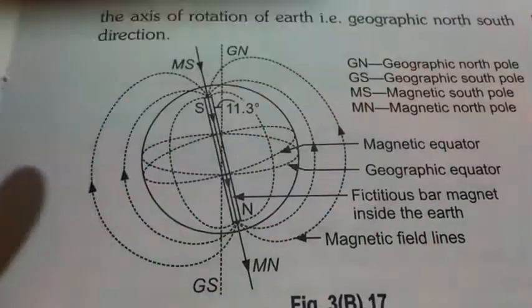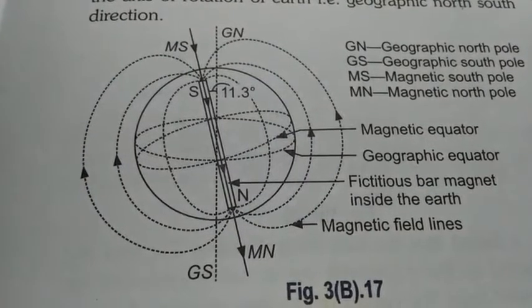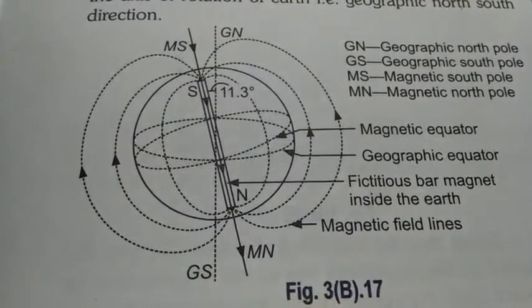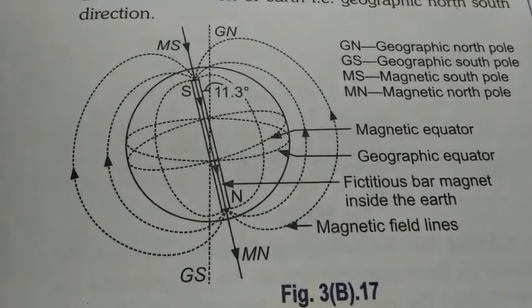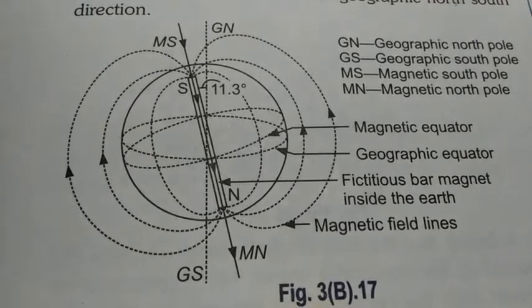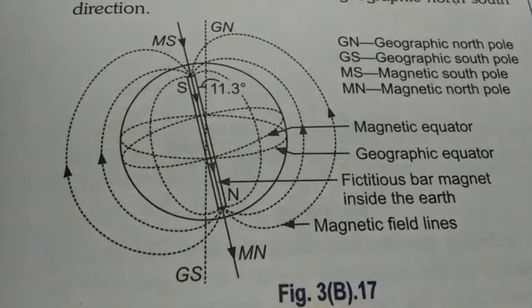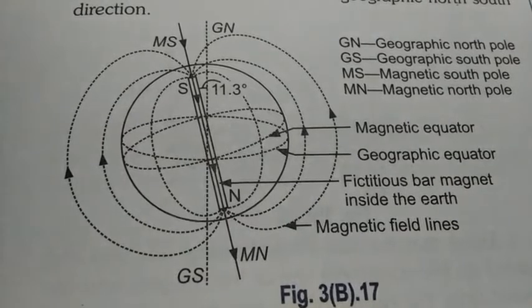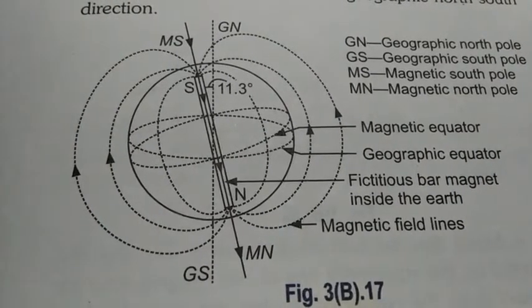Now one more important thing. Many studies have been done which reveal the fact that the magnetic field due to Earth not only changes in an irregular and erratic manner from place to place, but also varies with time at the same place. Are you understanding this?